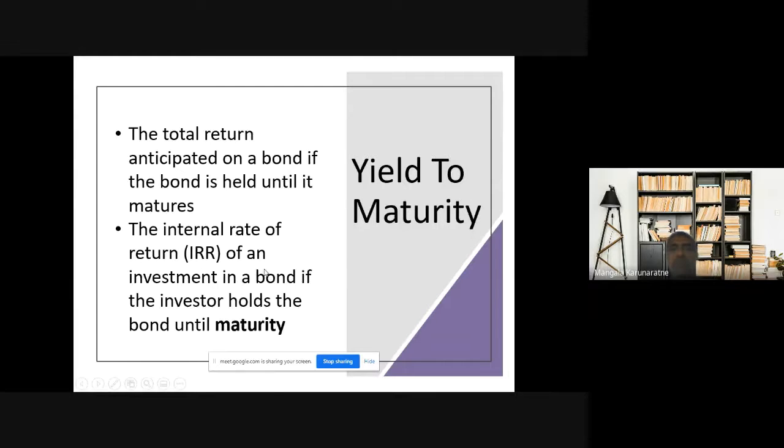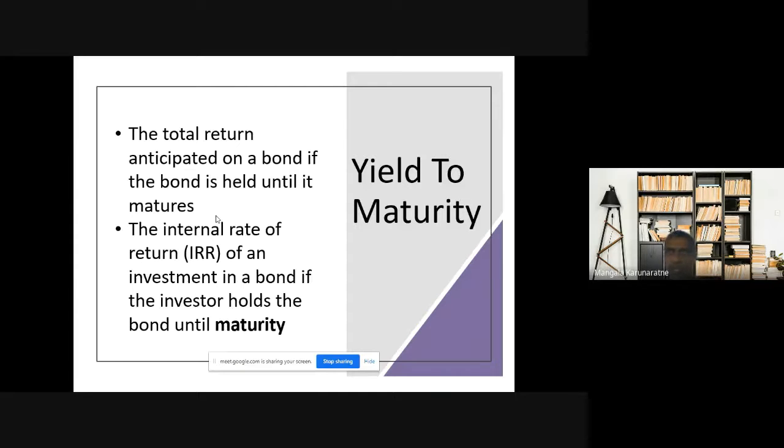Now, yield to maturity, there can be different explanations for that, or a different type of thinking behind this yield to maturity. But basically, if you keep the bond till maturity, this is the rate of return that you will be getting out of its cash flows.